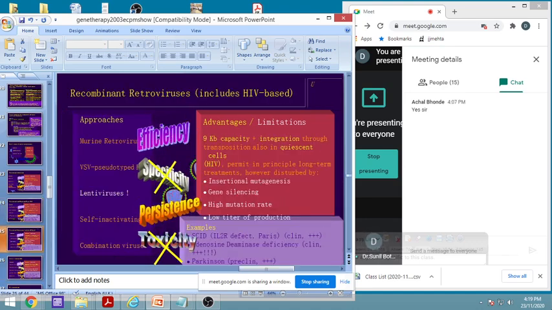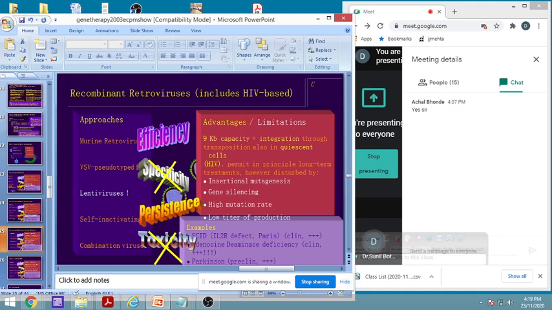Then recombinant retroviruses. Here we can have a variety of such viruses. Murine means rat or mice related species. Then VSV serotype viruses, lentiviruses, self-inactivating combination viruses. So these are different viruses.